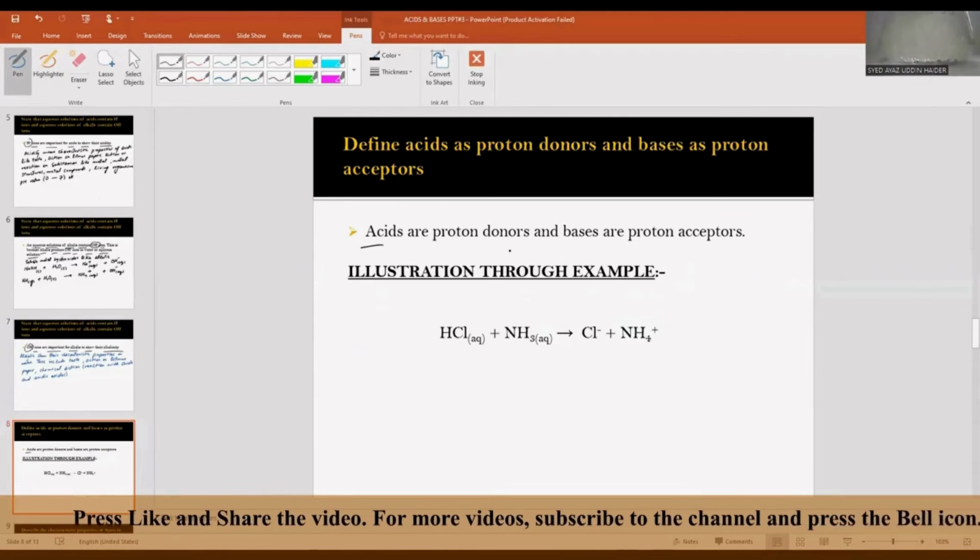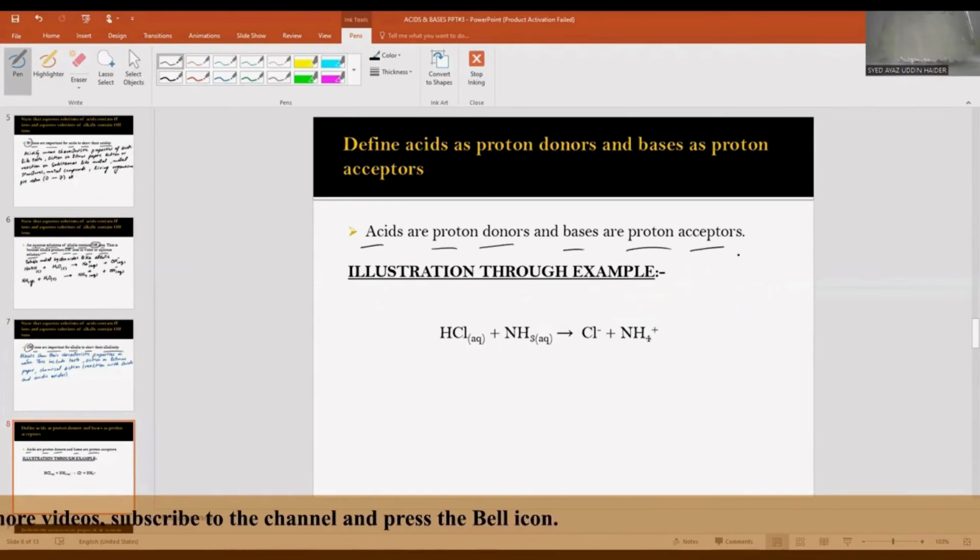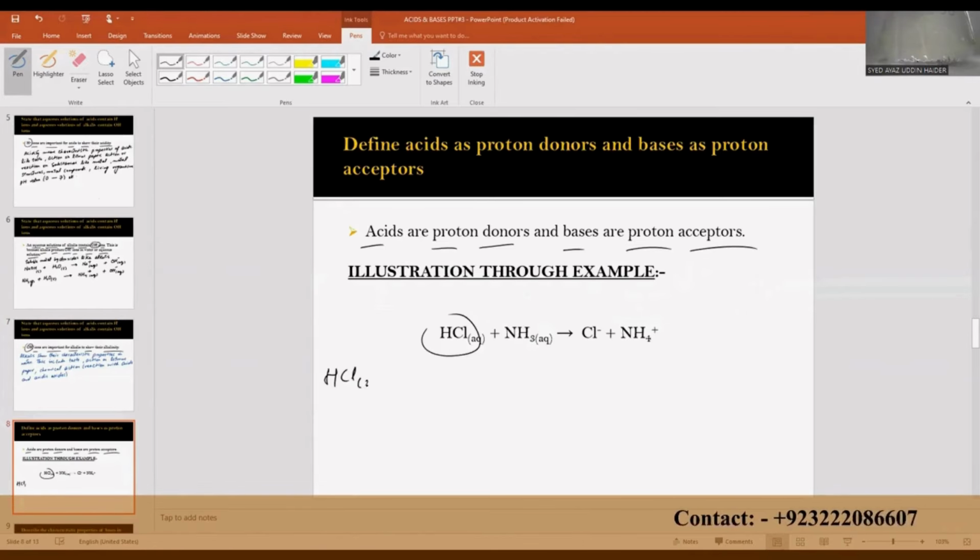Acids are proton donors and bases are proton acceptors. I've just explained that acid produces H positive ion in an aqueous solution. It's an acid, HCl. When you dissolve this in water, it will dissociate or split up to produce H positive ion plus Cl negative ion. This is important for being an acid.